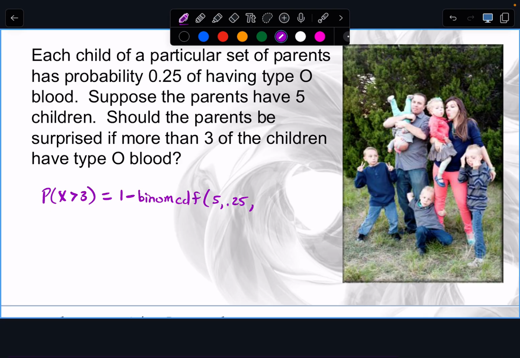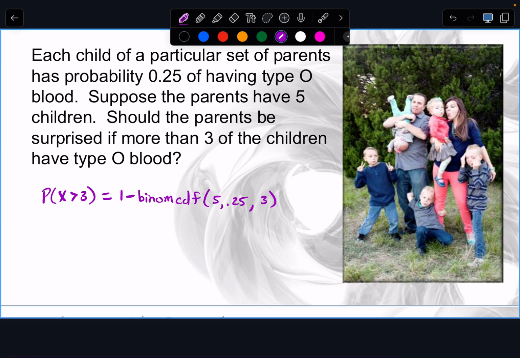So again, if I wanted the formula, I could do the probability of 4, do the probability of 5, and then add the results. But again, it might take a little bit longer. So what I need to do is I need the calculator to calculate everything I don't want. If I want 4 or 5, I want the calculator to calculate all the way up to what value? 3. So I'm going to go all the way up to 3, so this time the number does match.